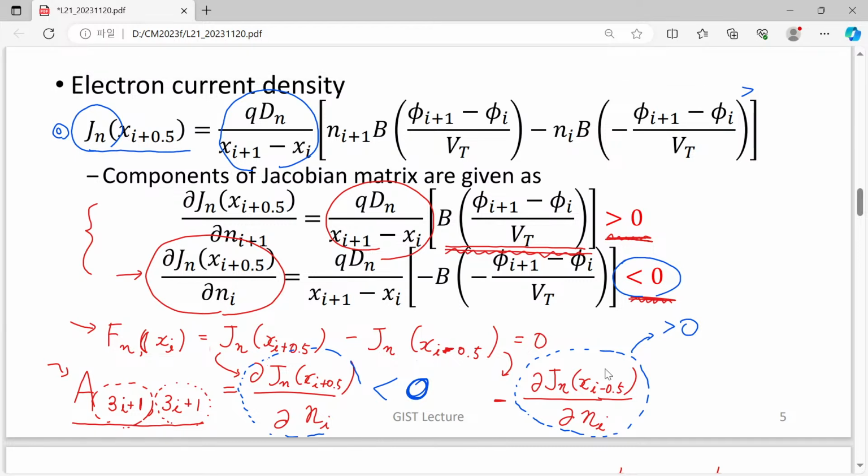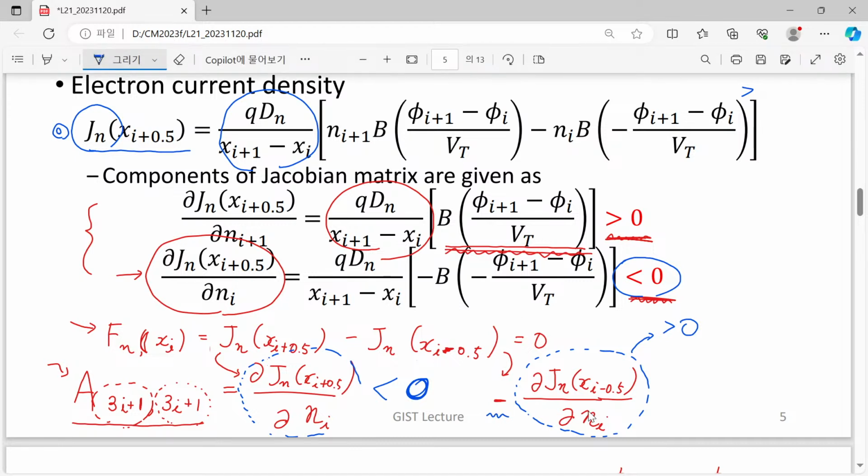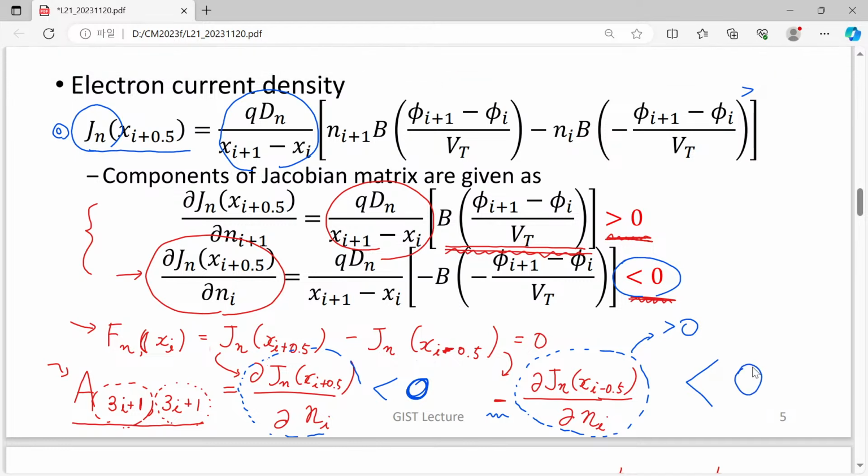So for the right node, we have a positive number. However, here we have once again a minus sign. So overall, the diagonal component of the Jacobian matrix originated from your electron continuity always has a negative sign. So are you with me? But what is the meaning of this one?